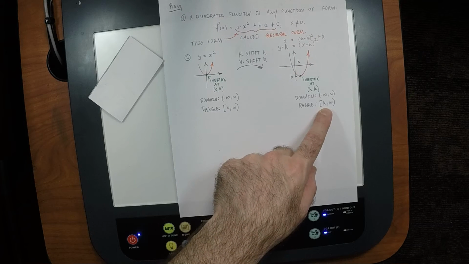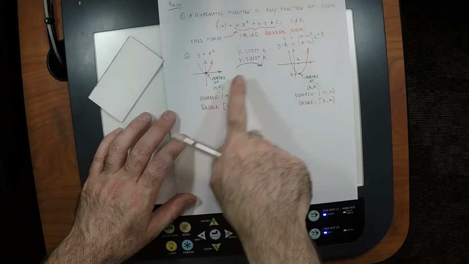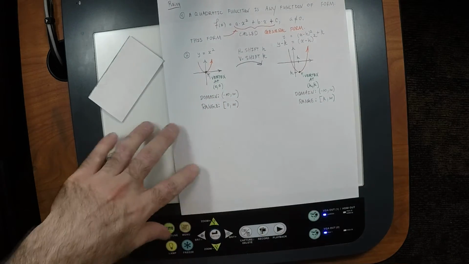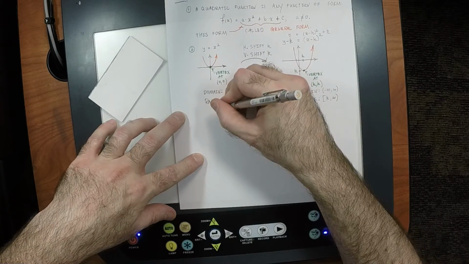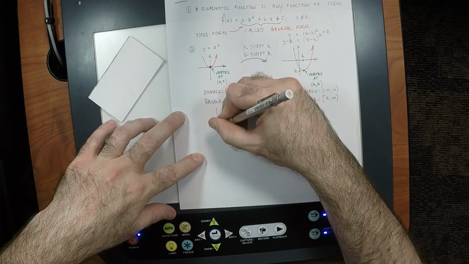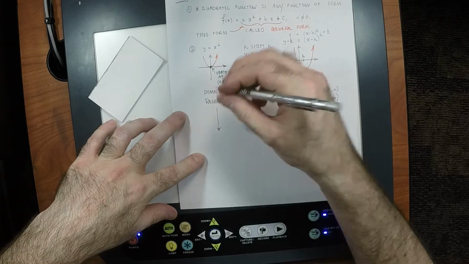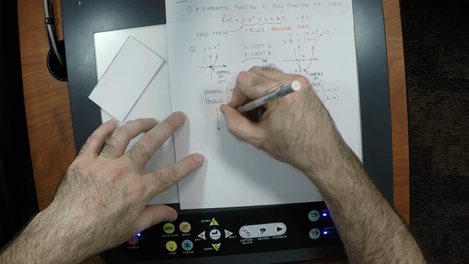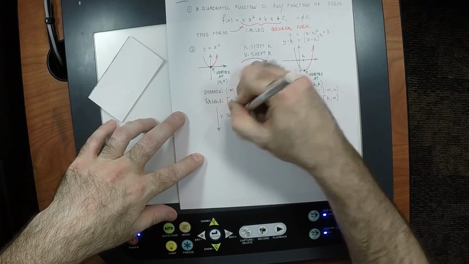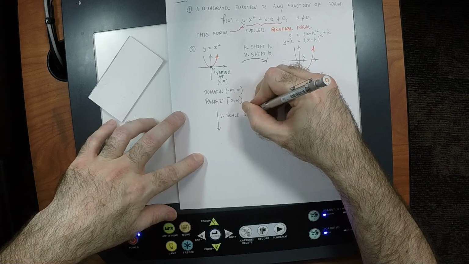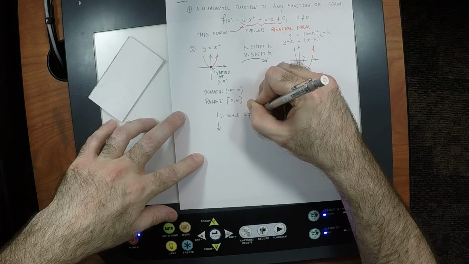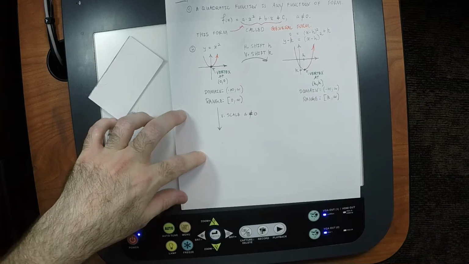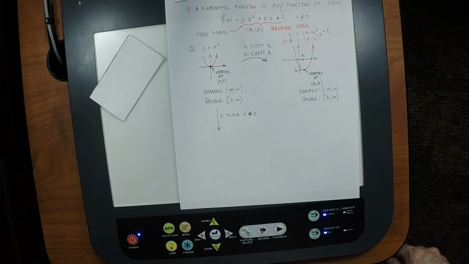Okay. All right. So what if we start from here, and instead of doing a horizontal and a vertical shift, what if instead we do a vertical scale of a? We're going to scale it by a, and a is going to be some number that's not 0. All right.